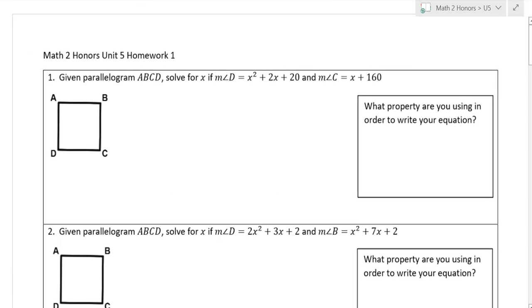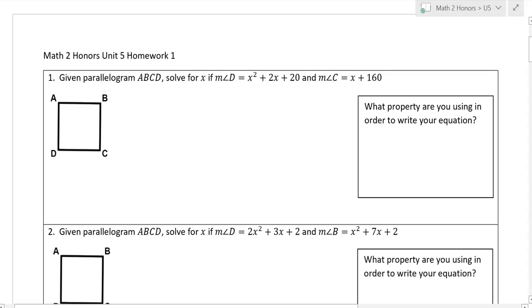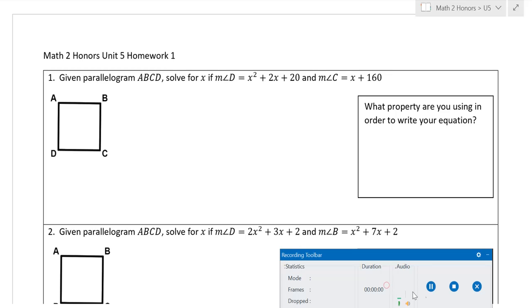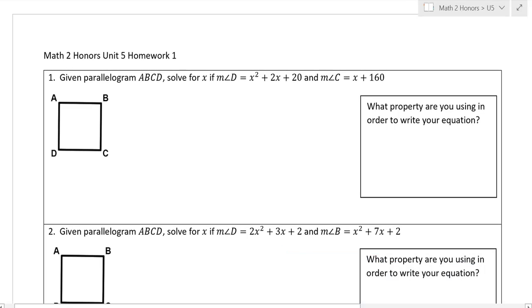And so this is coming off of the Math 2 Honors Unit 5 Homework 1. So number 1 here says given parallelogram ABCD. So it's telling us that what we have here is a parallelogram.